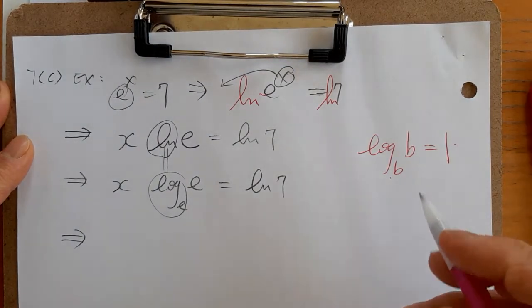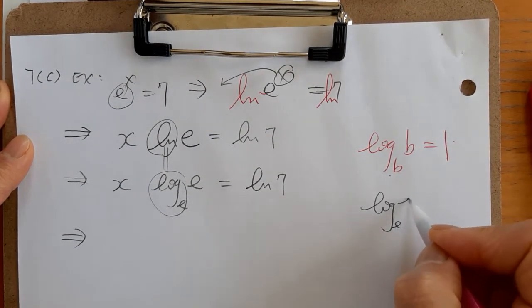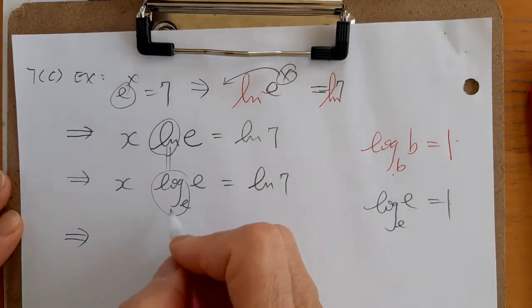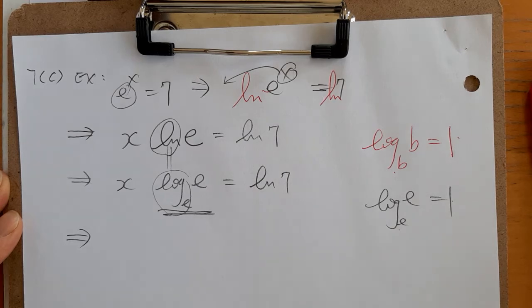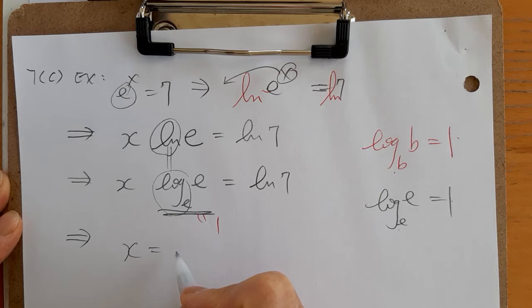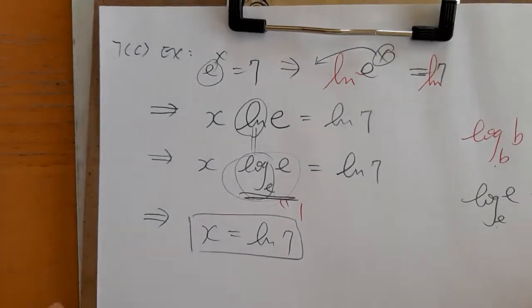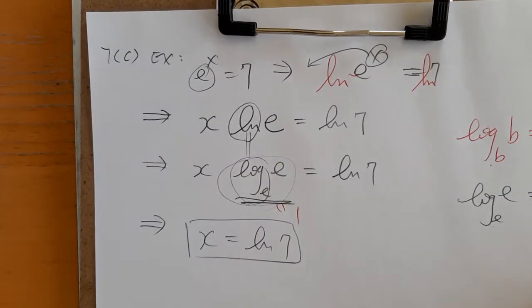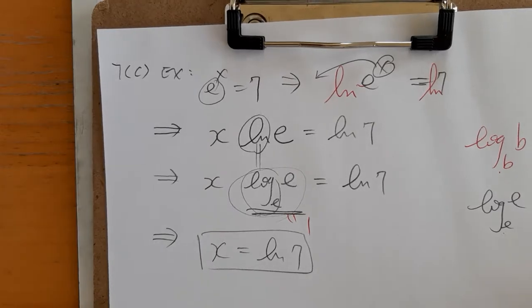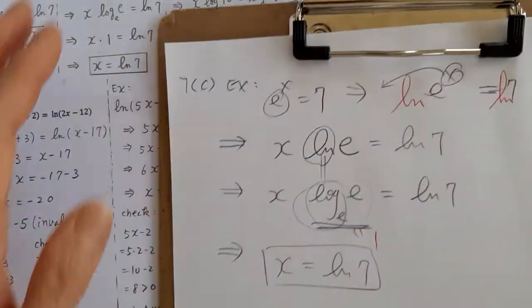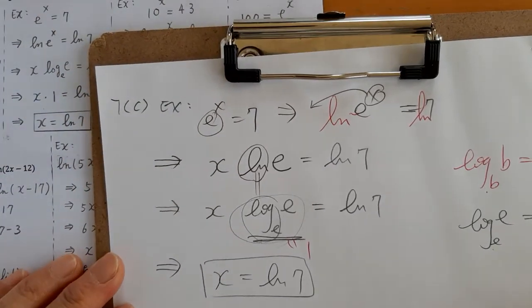So for natural logarithm, ln e also equals 1, because e to the power 1 equals e. So x times 1 is x, and you get x equals ln 7.